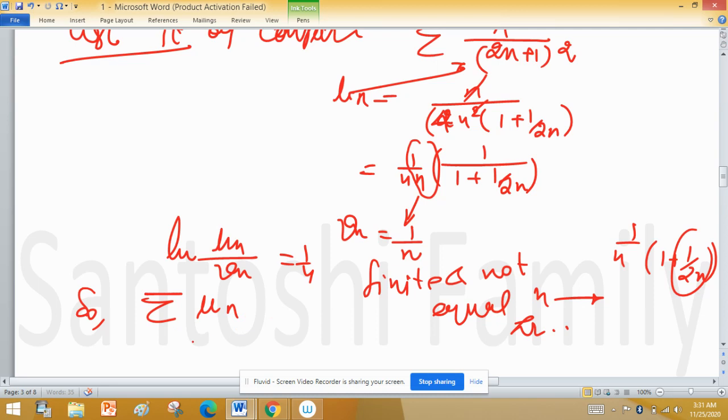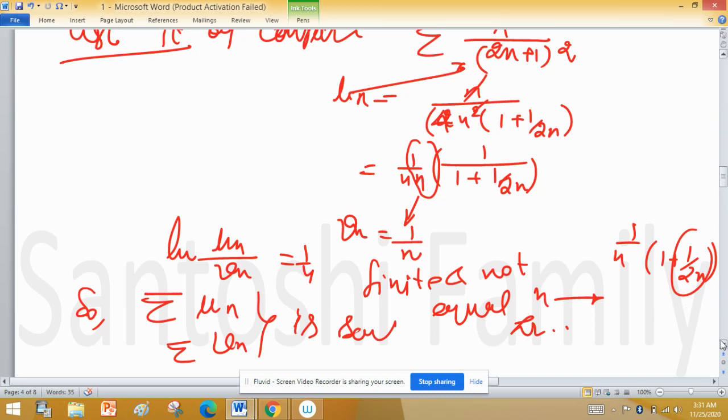So the behavior of un and Vn is the same. It means if one of them is convergent, then the other will also be, and if one of them is divergent, then the other will also be.